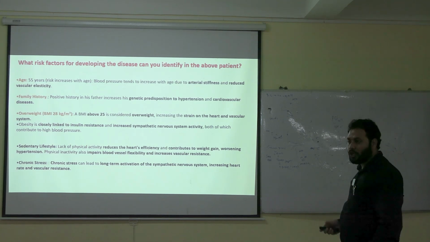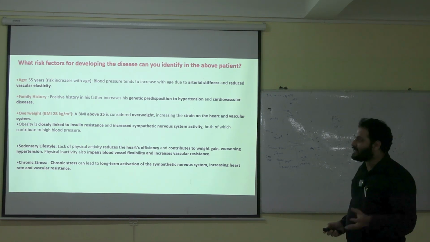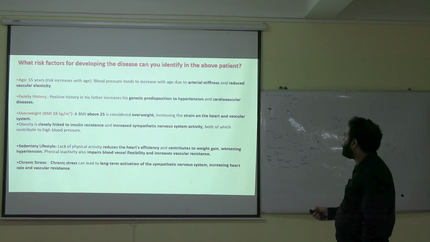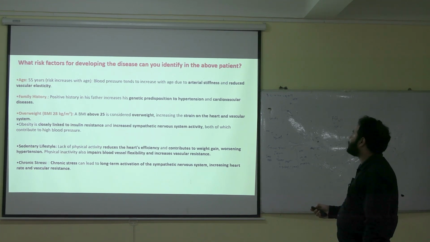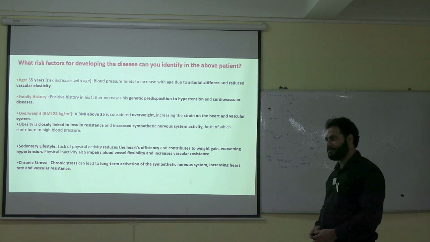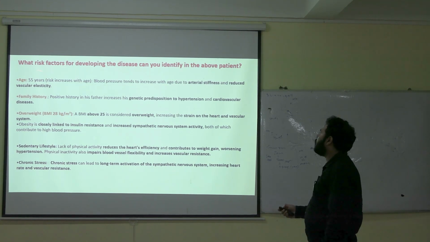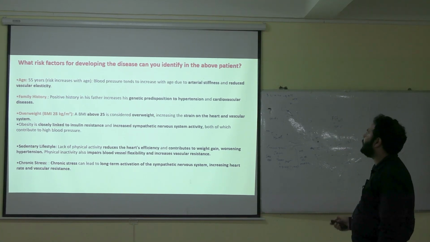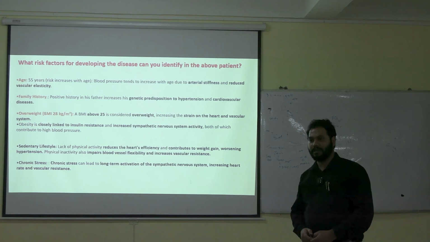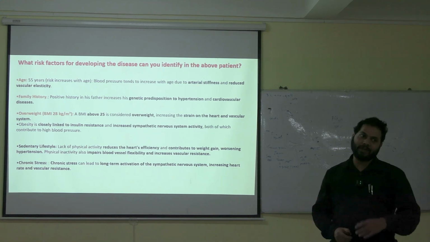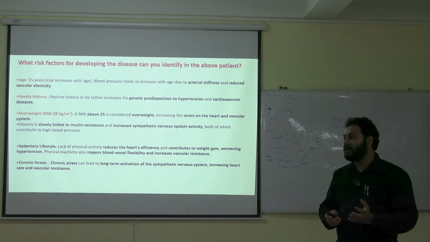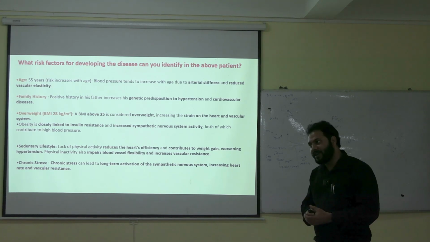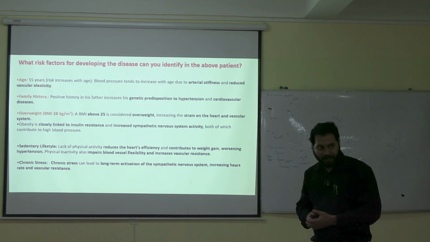Now, what are the other informations? According to the information given in the case, what is asked here is: what risk factors for developing the disease can you identify in the above patient? According to the information given in the case, we can identify multiple risk factors related with hypertension.